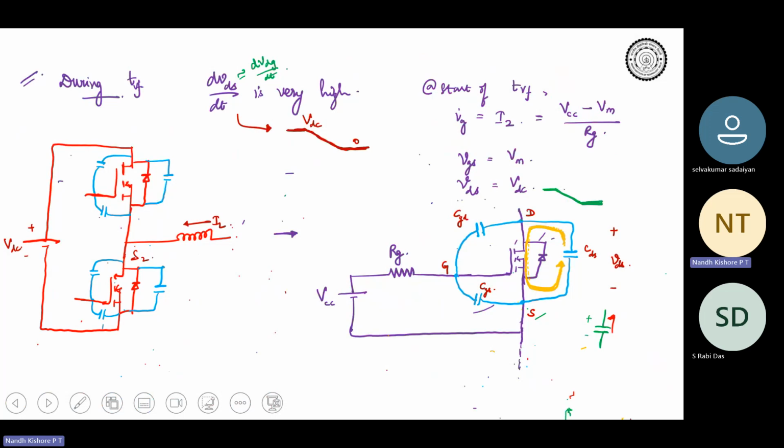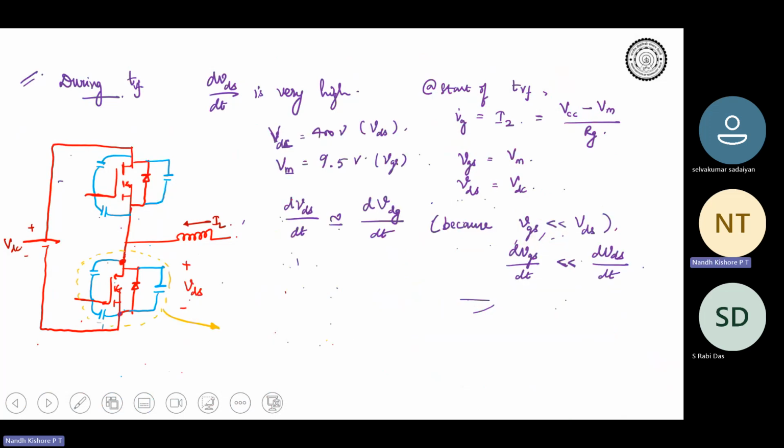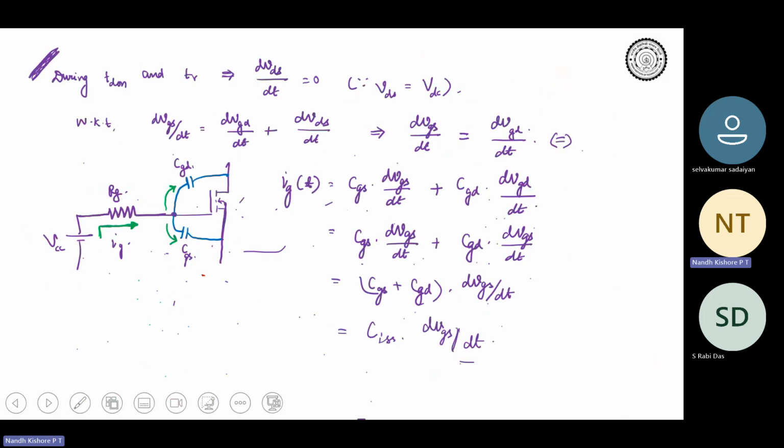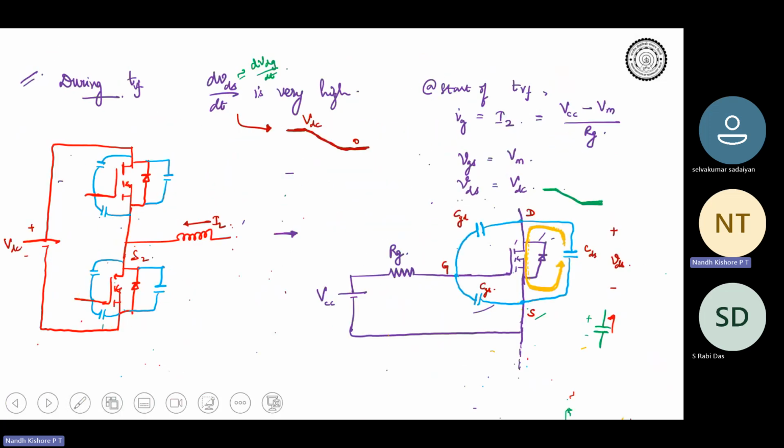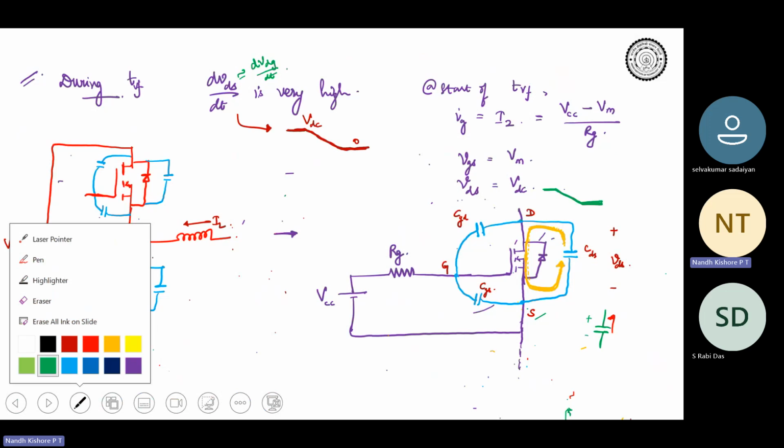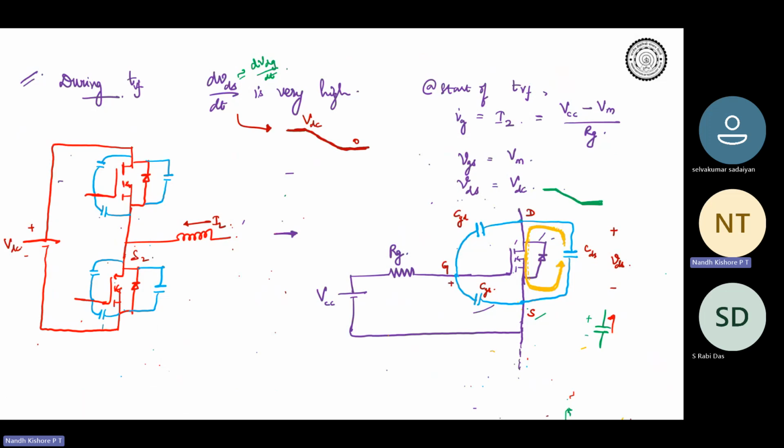So there is also a current flow through the gate drain capacitance, right? Let me indicate the polarities: plus, minus, plus, minus, and plus, minus. So there will also be a current through the gate drain capacitance.